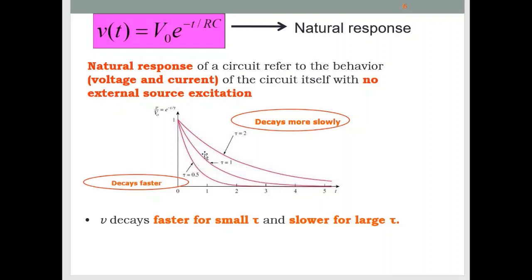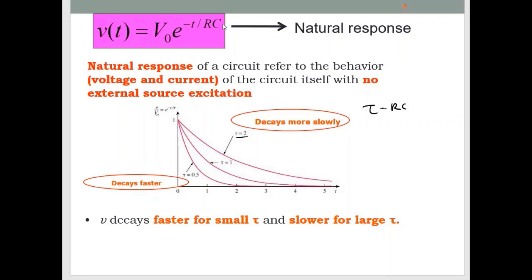This exponential graph actually consists of three curves for different values of RC. RC here is what we call tau, R multiplied by C, and based on the slope of the exponential, the bigger the tau, the more slowly the graph decays.